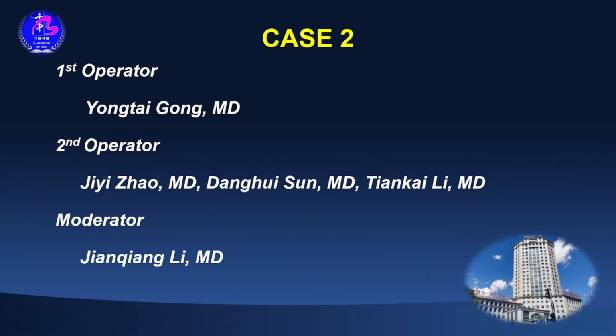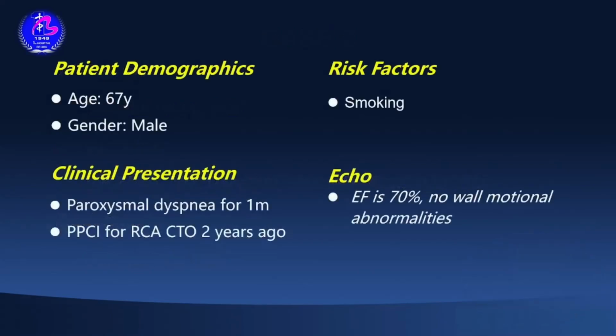First, Dr. Zhao will give the general information of this patient to you. Dr. Zhao, you can start. Good morning, everyone. I'm Zhao Jiyi. Before the operation live broadcast, I would like to make a brief introduction about our patient first. This patient is a 67-year-old male whose chief complaint is paroxysmal dyspnea for 1 month.